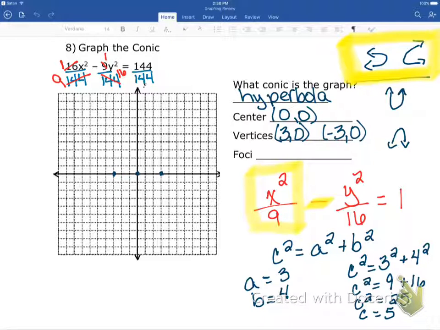It is the opposite axis from what our vertices and foci are on. So that value is 4. So I am going to go up 4, and I am going to go down 4. Now those are not vertices, but it does help us to make our rectangle, and the rectangle is what guides our graph. So now I can draw the asymptotes with my rectangle.